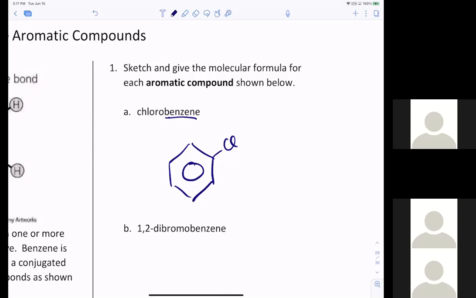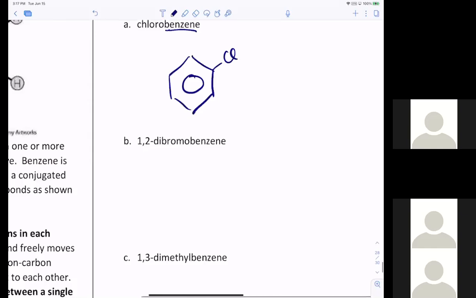What about B? 1,2-dibromobenzene. Benzene. It's an aromatic compound, so it has the benzene ring. This time I'll draw it like that. What does 1,2 mean here for dibromo? Somebody?